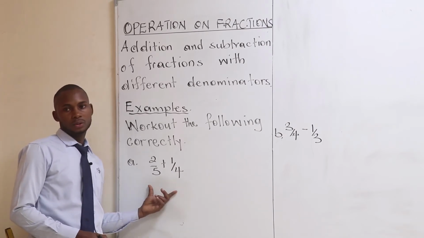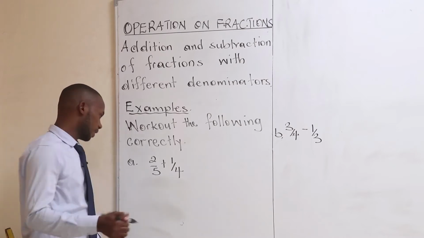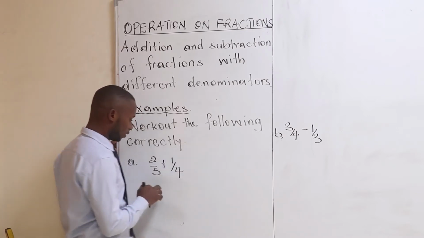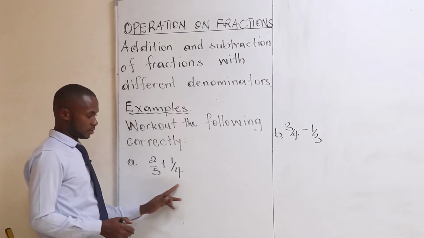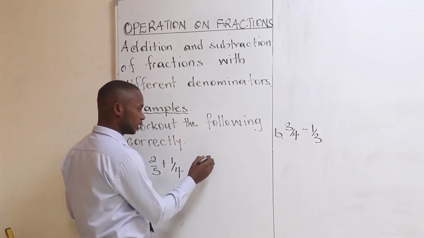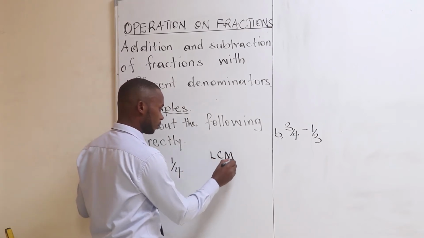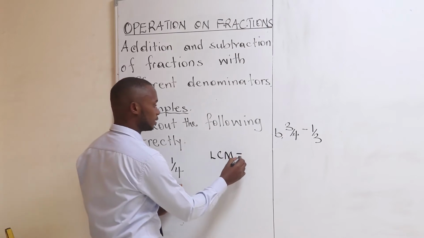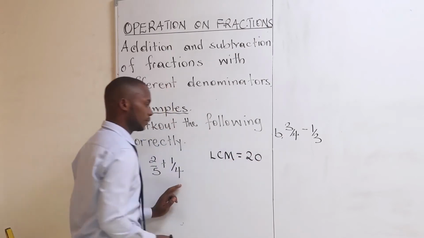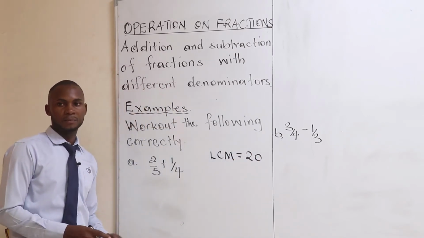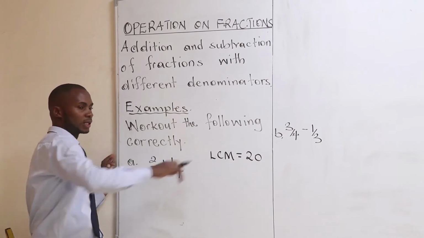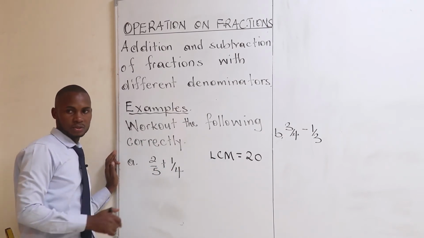First, you need to look for the LCM of the denominators. And the LCM of these two, the LCM of 4 and 5, is 20. You can use any method of getting the LCM, whether you are listing the multiples or using the ladder method.